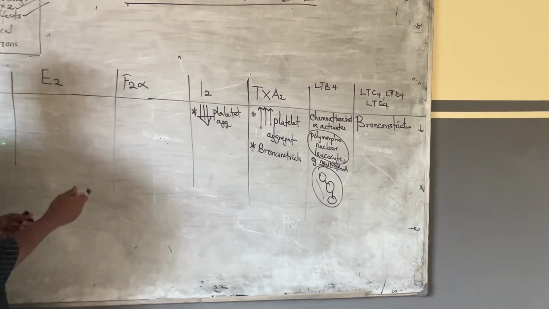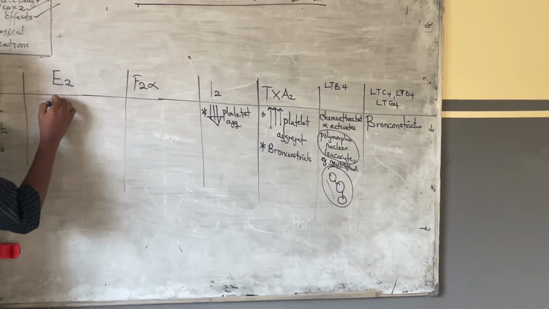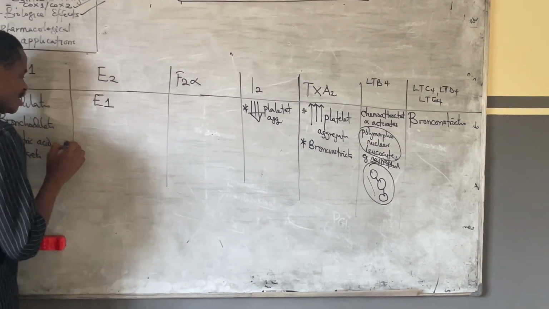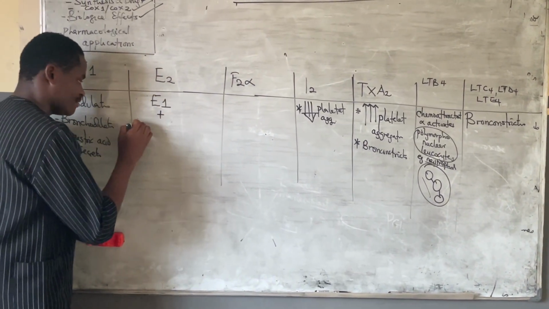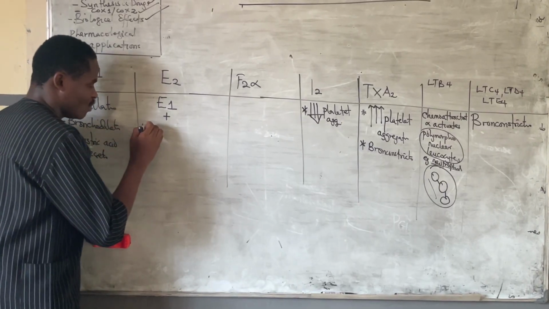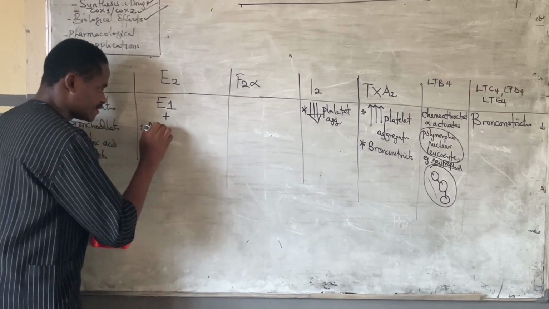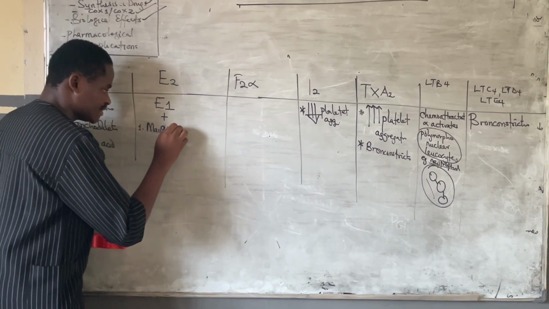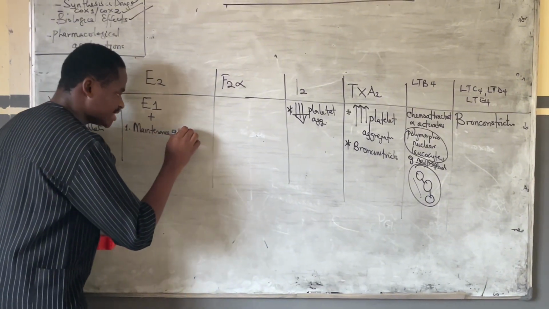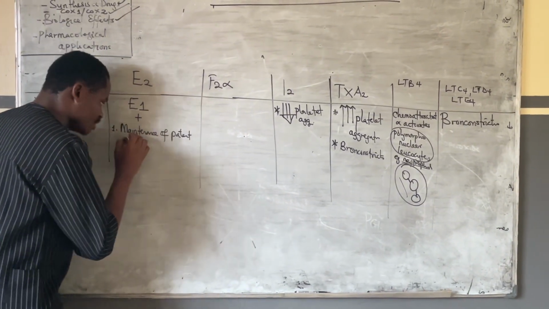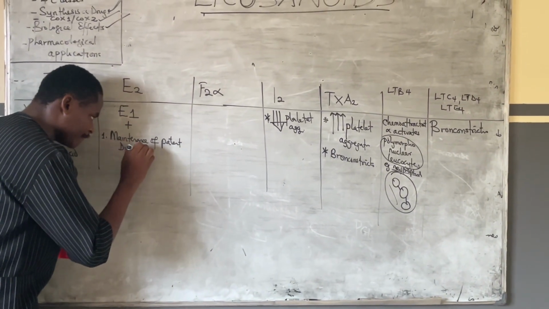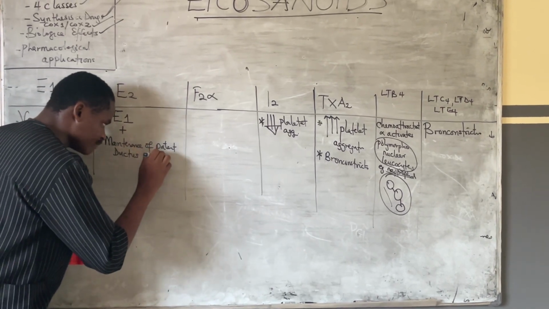Now let me come here. E2 will do everything we see in E1 plus, number one, maintenance of patent ductus arteriosus.